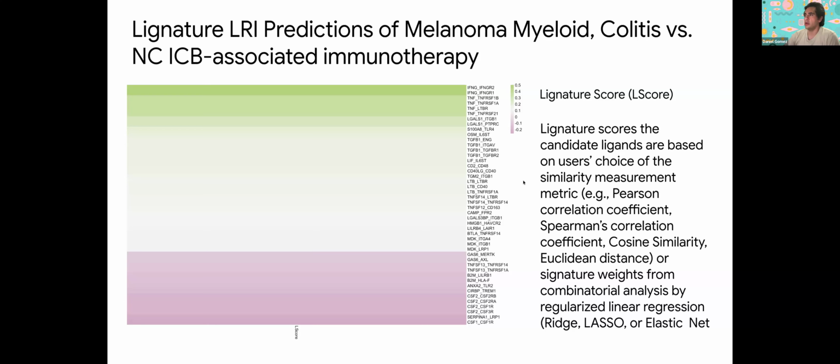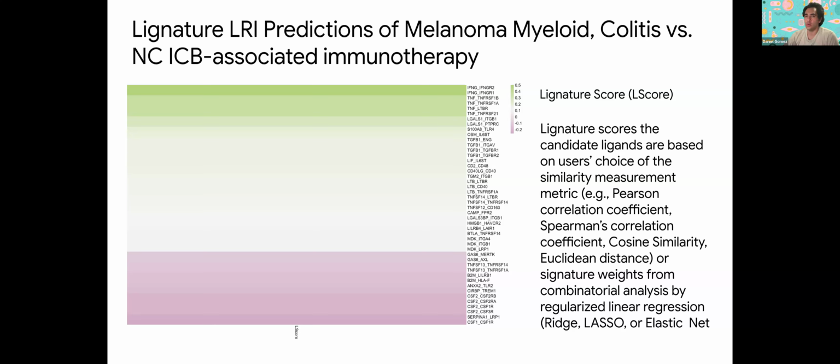Other significant interactions are LIF, IL-6, ST, Gas6, MERTK, receptor tyrosine kinase, Gas6 and AXL, and B2M with LILR, HLAF, and ANXA2 with TLR2, which is a toll-like receptor. ANXA2 is another interaction that we found in the precancer atlas. And then there's CSF2 and CSF2 receptor, and Serpina and LRP.